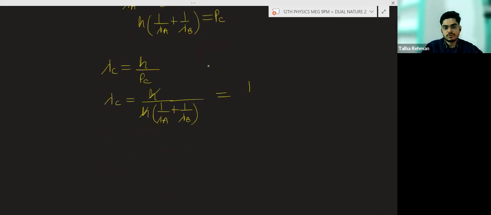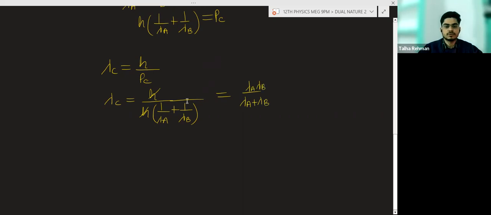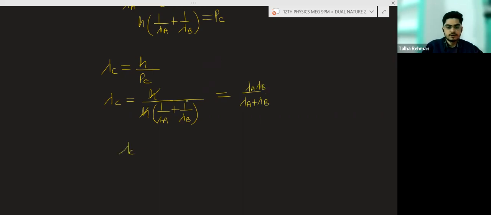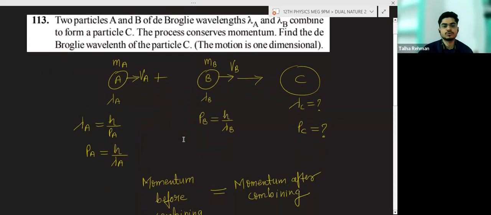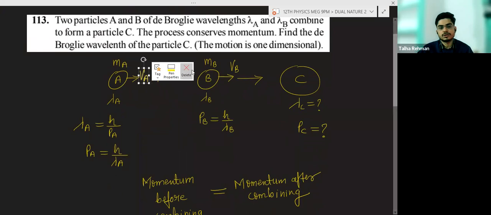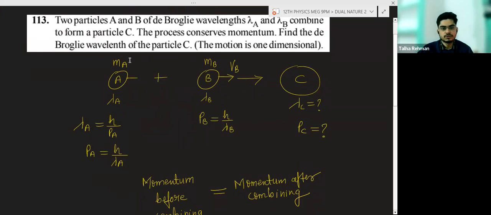So you will have 1 upon 1 over lambda A plus 1 over lambda B, which becomes lambda A lambda B divided by lambda A plus lambda B. So this will be the wavelength of C. This is a tricky question. Actually, in this question there is no requirement of velocity. There is no requirement of mass.